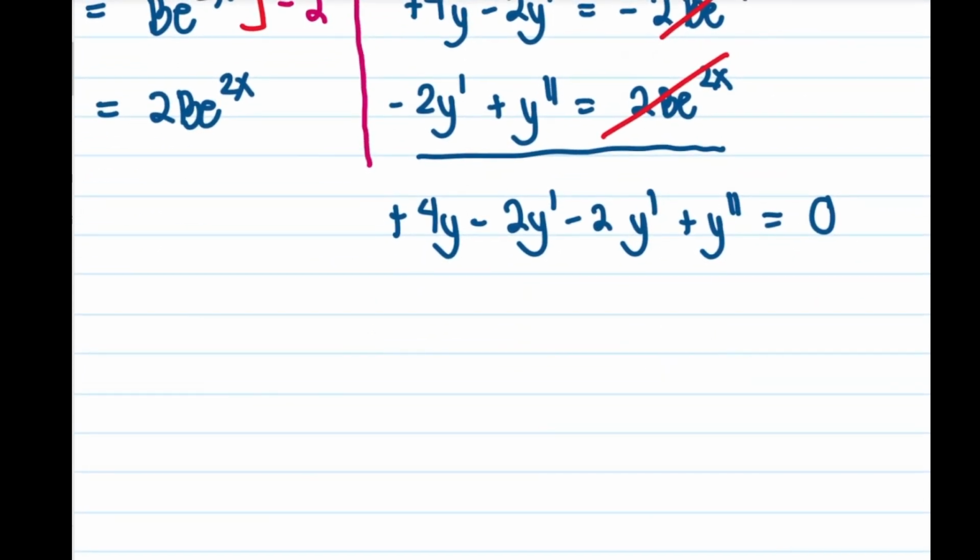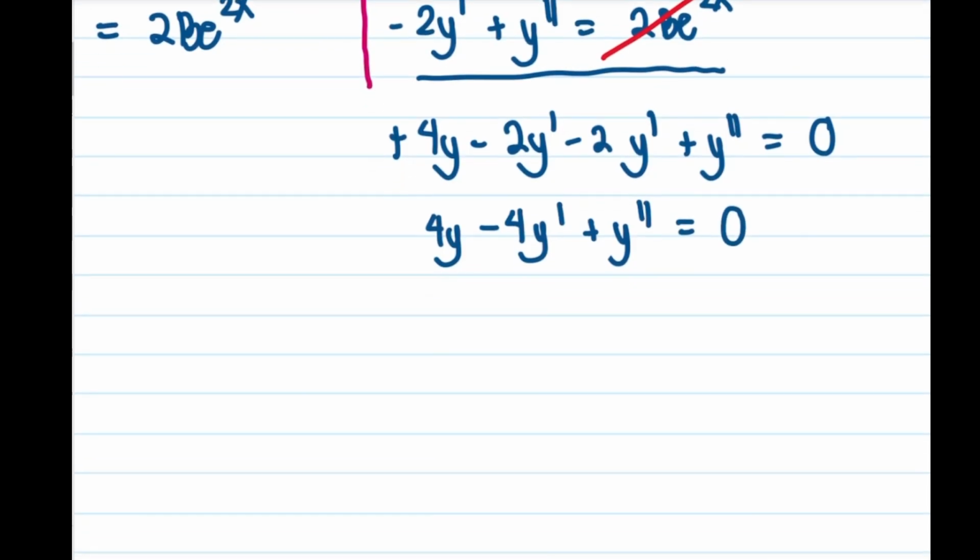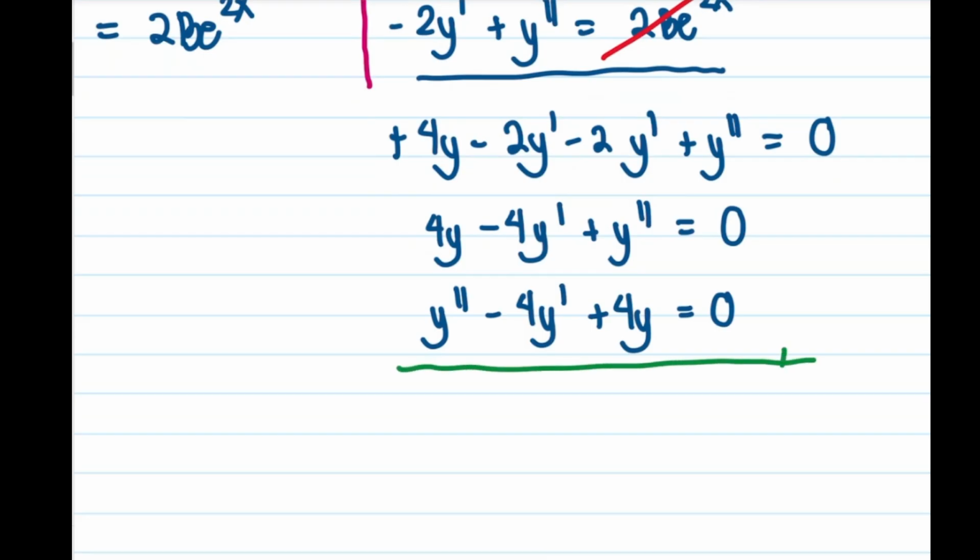So the answer here will be 4y minus 4y prime plus y double prime is equivalent to 0. So let me arrange. This one will be y double prime minus 4y prime plus 4y is equivalent to 0. So this one will be your answer here.